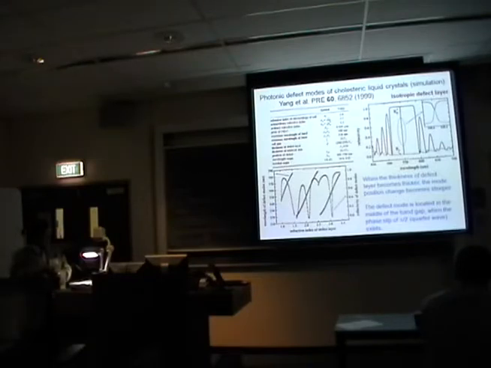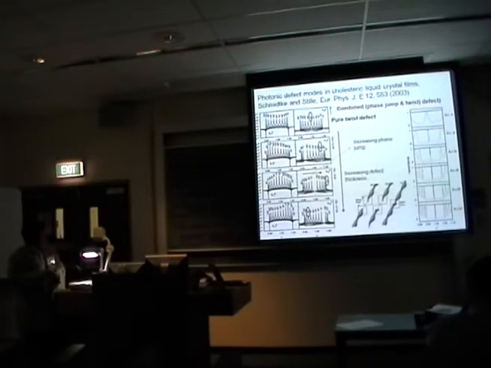So if the defect layer is quarter wave, then the defect position is in the middle of the photonic bandgap. This is the situation. And Schmidtke also calculated many types of defect, which is the combined defect of phase jump and twist defect.